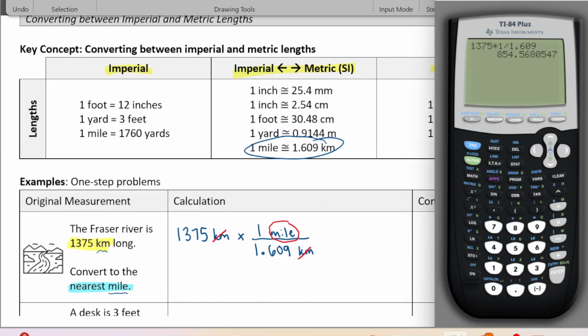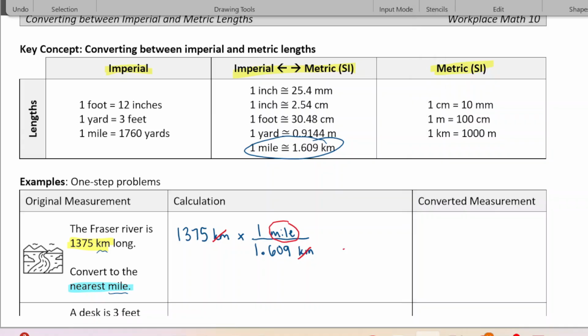Now it says convert to the nearest mile. That means we want to round to the nearest whole number. So I want to look at that 4 and I want to bump that up to a 5 because the number next to it is a 5 or higher. So 854.568.